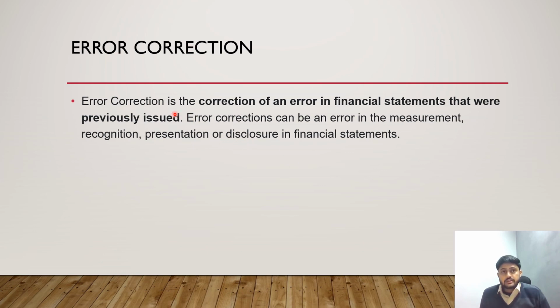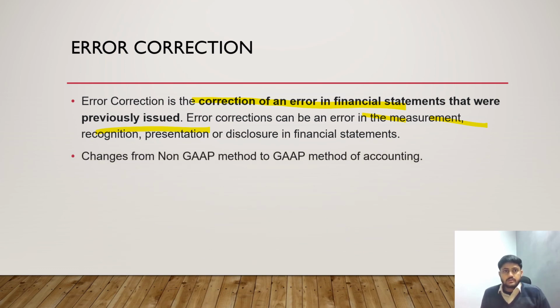But here there was a mistake, an error, in the financial statements. Error correction can be an error in measurement, recognition, or presentation or disclosure. It is a change from a non-GAAP method to a GAAP method. If you are correcting something, that means whatever you showed last year was not as per GAAP.